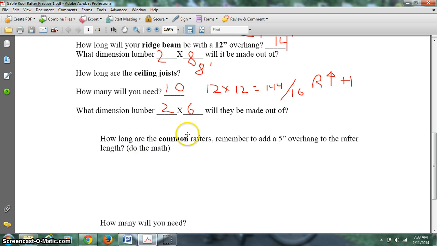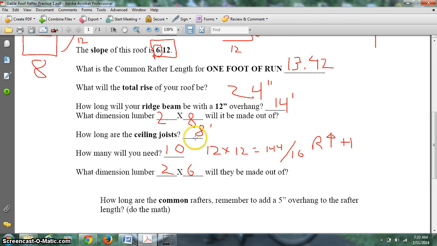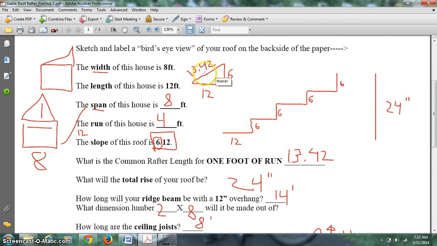Now we have to figure out how long the common rafters are. Over here we know that the common rafter length for 1 foot of run is 13.42. We've got one of those, 2, 3, 4. All of these are 13.42.